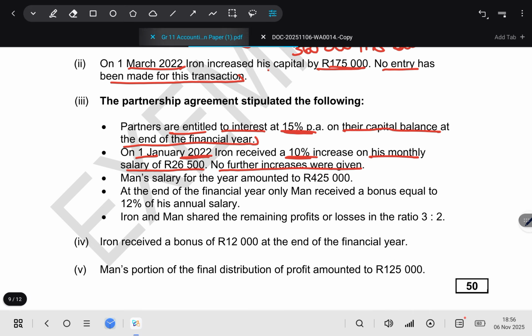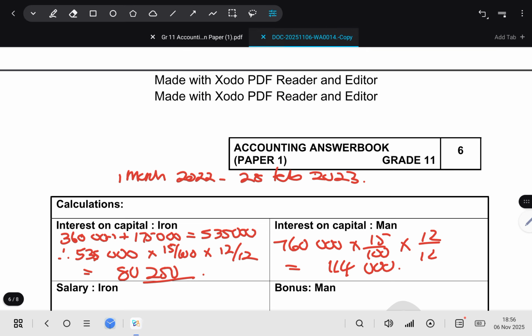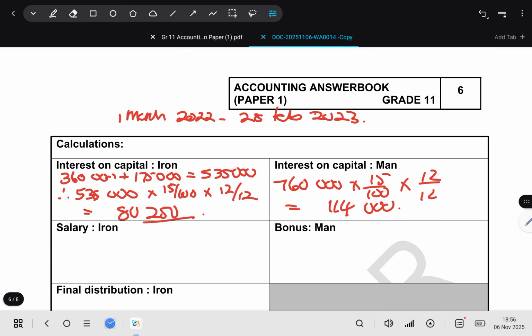So for us to be able to figure out how much he's going to earn, we are going to say 26,500 multiplied by 110 over 100, and then we multiply this by 12 because we are looking for a yearly salary. So you'll say 26,500 multiplied by 110 divide by 100 and then times 12, which will give you 349,800.